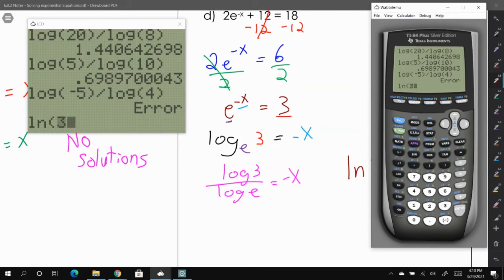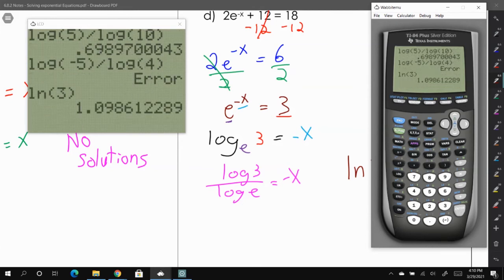So if I do the ln of 3, I get 1.09886, which we would round up to 1.1. If we use the change of base instead, so log 3, close parentheses, divided by log e, the e button is second and the divide key.